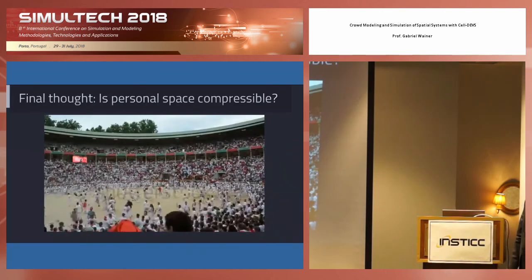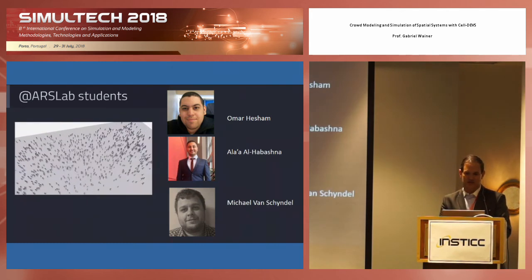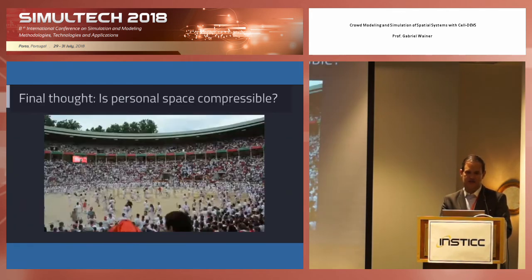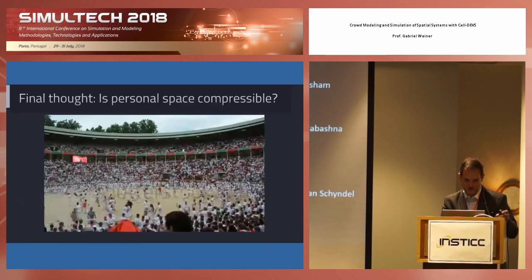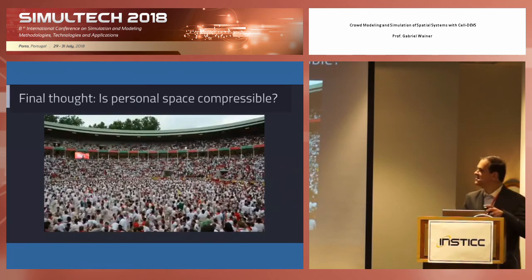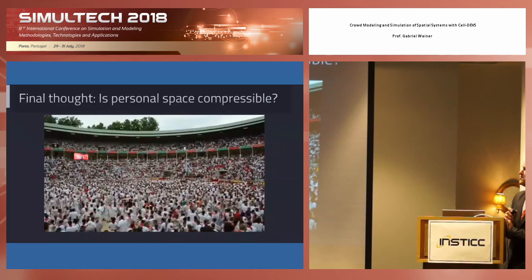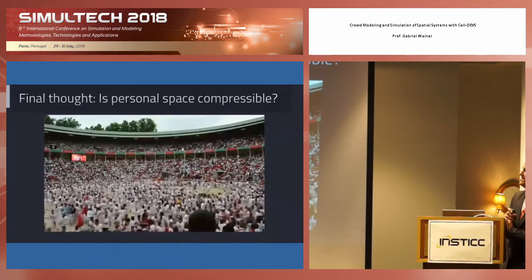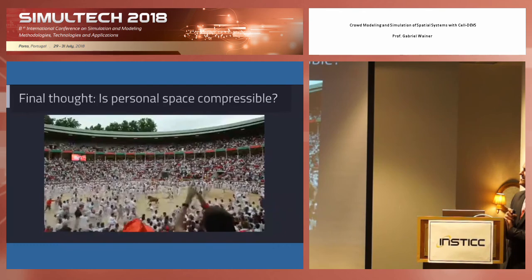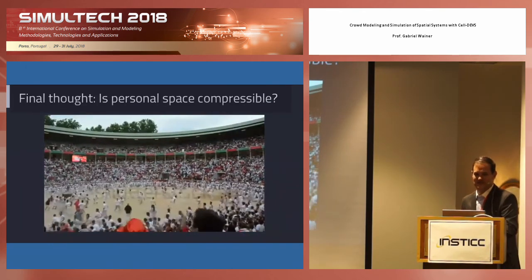It's San Fermin in Spain. The people. So, did you see how we move from case A to case B? It looked crowded, and suddenly it's not crowded anymore. Look at the space being compressed. Some people are happy. Good.